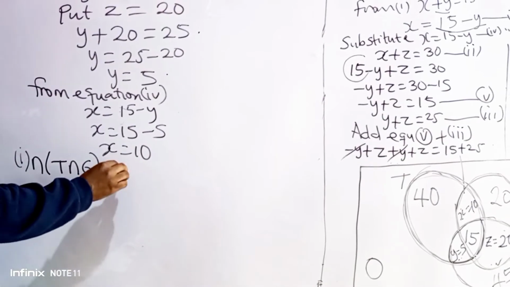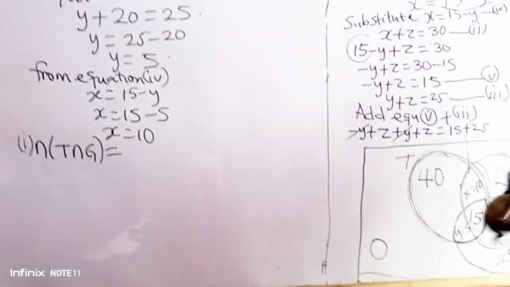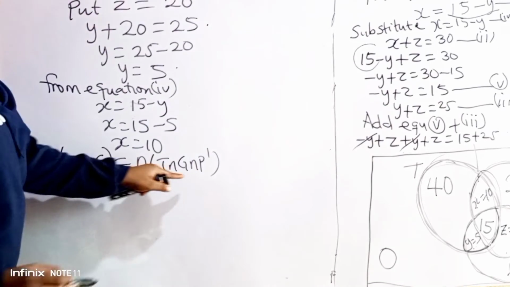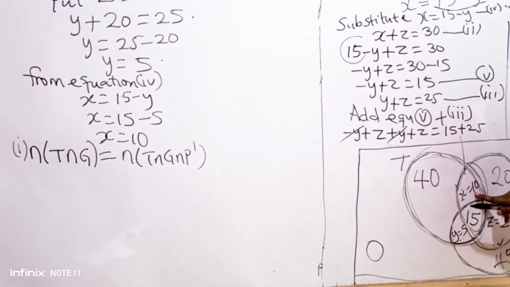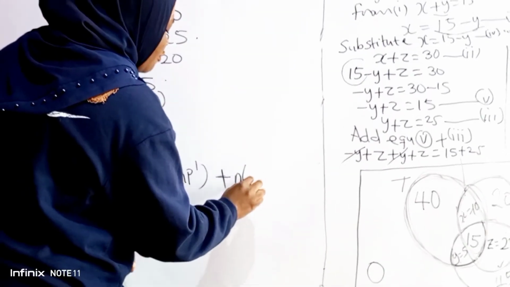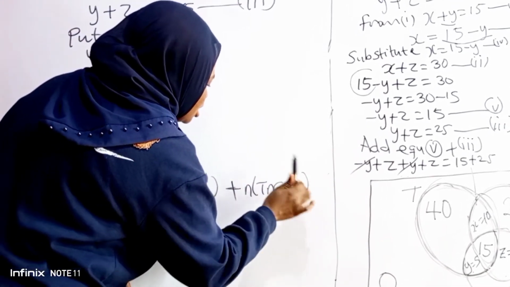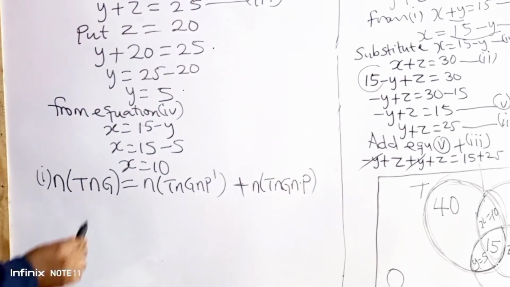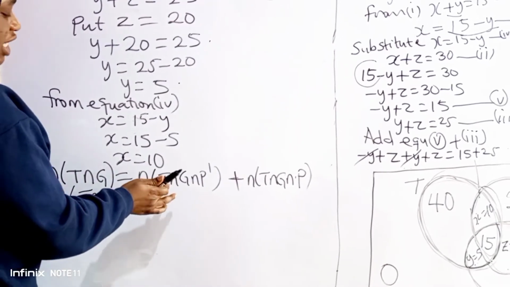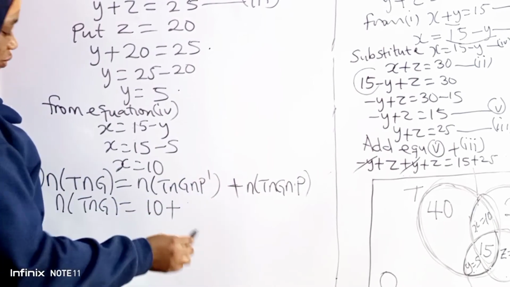It consists of T and G only, not P. That is T and G only, which is our x, plus the intersection of the 3: cardinality of T intersect G intersect P. So the cardinality of both daily times and graphics will be equal to the cardinality of T and G only, 10, plus T, G and P, 15.